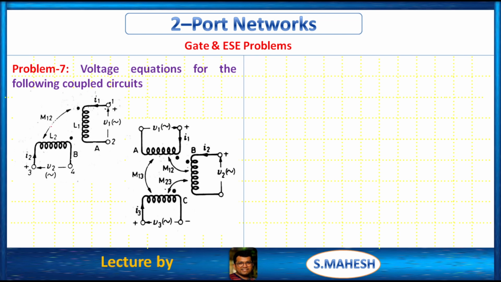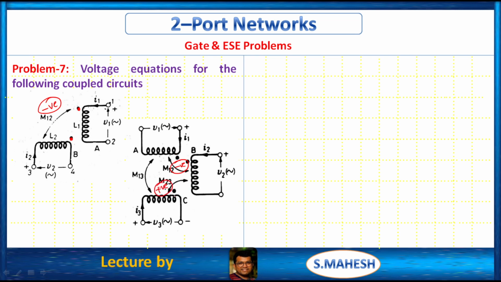See, here M12, is it positive or negative? This is obviously negative. Here the current leaves, here the current enters. Obviously M12 is negative. Between 2 and 3, entering, this is positive.